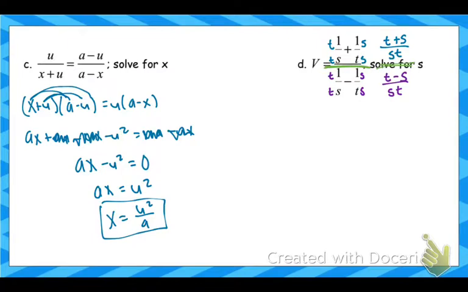Now remember, those two fractions were being divided. So I'm going to rewrite this horizontally: t plus s over s times t, divided by t minus s over s times t. When we divide fractions, we flip the second and multiply.